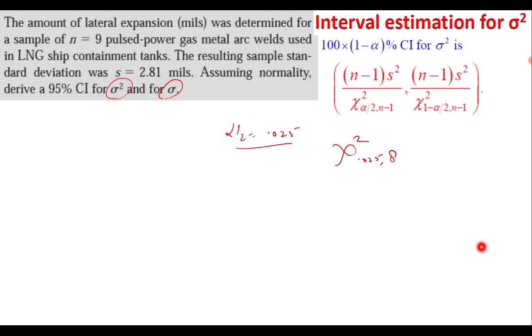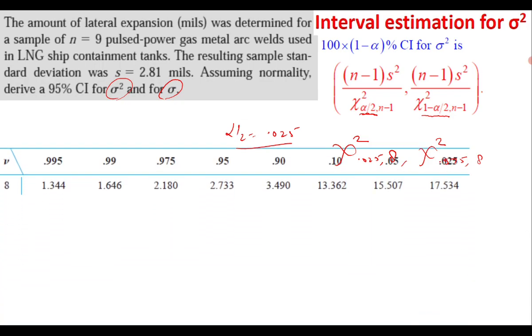Again from the table you can see it, but here there is one quick observation: in this interval it is chi-square alpha by 2 and 1 minus alpha by 2. So you need to compute chi-square 0.025 comma 8 and chi-square 0.975 comma 8. Both need to be computed. If you see the table of chi-square, then for 8 degrees of freedom you can see 0.975 and 0.025.